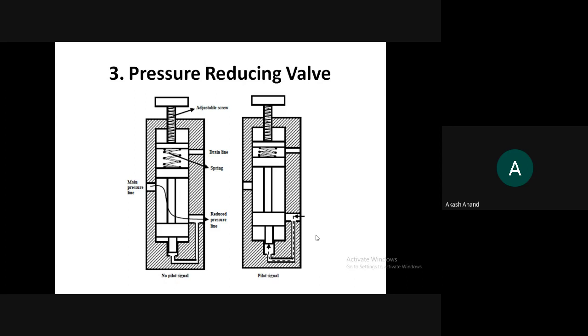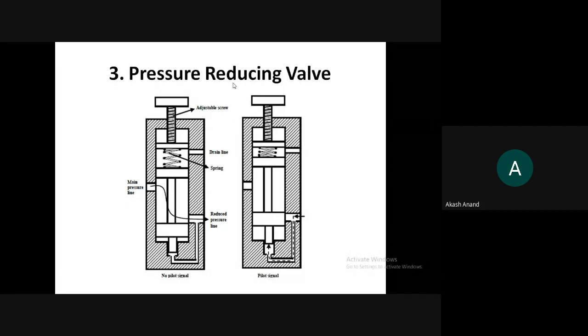We are generally going for a pressure reducing valve. As you can see, it is a reducing. What does this mean? Which means the increasing pressure in a certain circuit. We already told in case of a hydraulic circuit, there is a chance for surging.